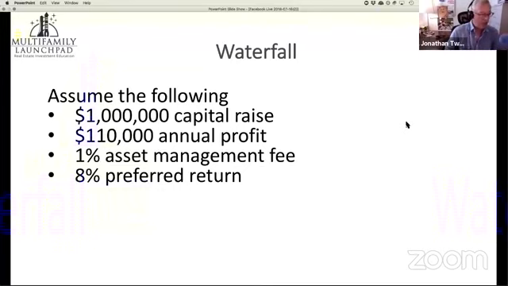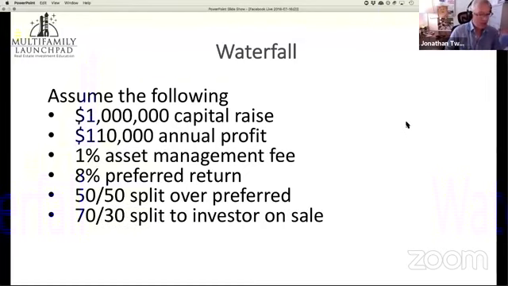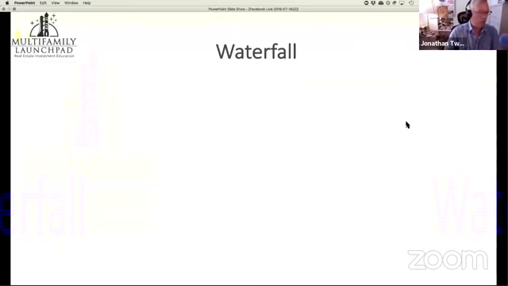You've got an 8% preferred return obligation, a 50-50 split over the preferred return, and then a 70-30 split to the investor on sale. And let's just assume that it's a $500,000 profit on sale, after everything, after all the costs are paid, broker's fees, you're adding back in your amortization. All of a sudden done, it's a $500,000 profit. Let's just keep it simple. Okay. How's that going to work?